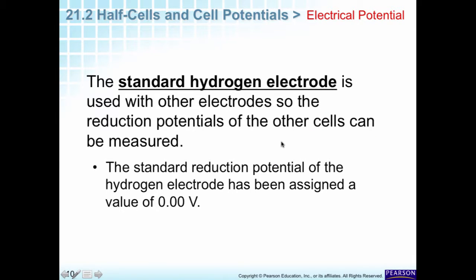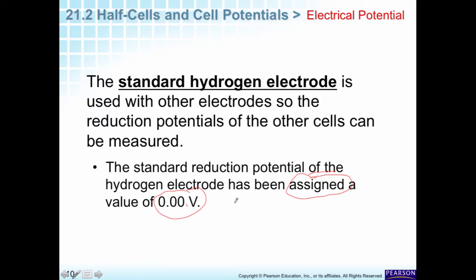Okay, now how do we get these numbers? Well, we had to have a standard, and our standard is a hydrogen electrode, and we actually assign the value, it's not calculated. So we say that whatever hydrogen is doing at the electrode, we're going to give it a value of 0.